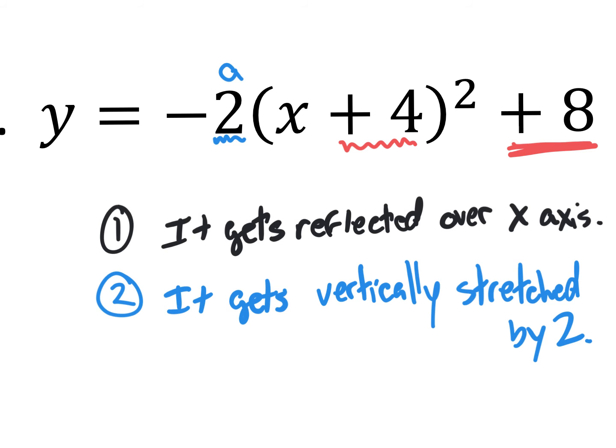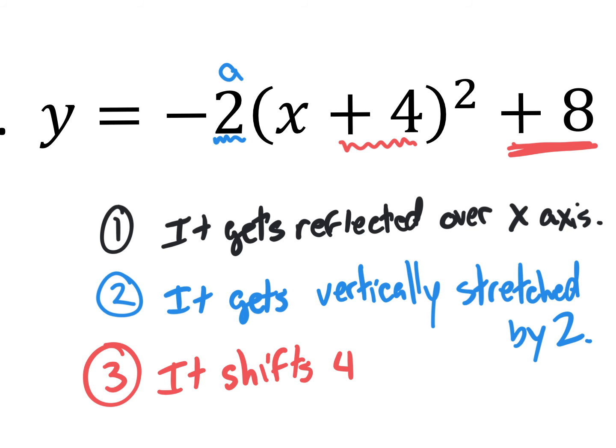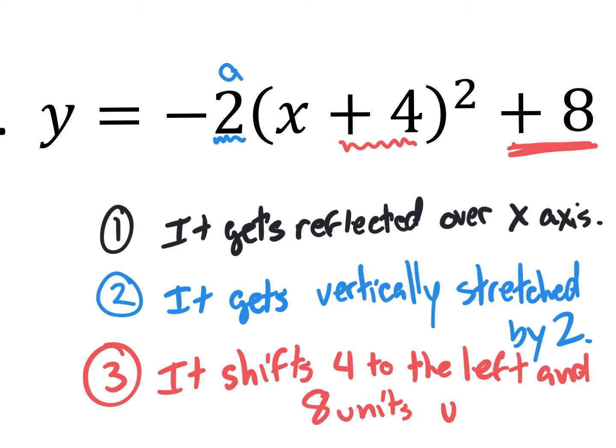So the final portion of the description of how it transforms from the original to this one, the final is the shift. It finally shifts 4 to the left and 8 units up.